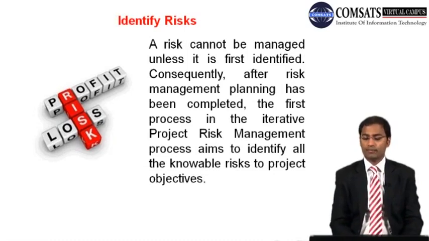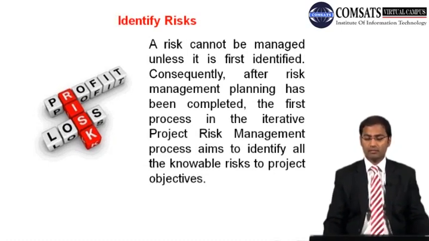So consequently, after risk management planning has been completed, the first process in the iterative project risk management process aims to identify all the knowable risks to the project objectives. Remember, we do not use "possible" because at that point in time we need only those risks which actually affect the very objectives of our particular project, not all the possible risks.